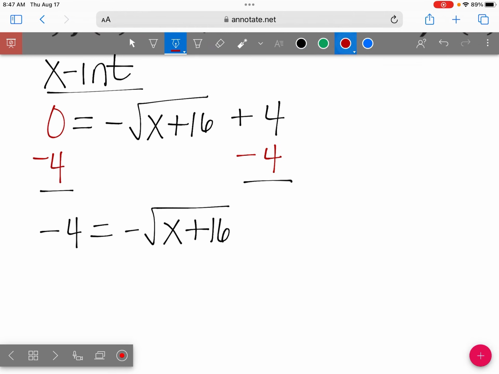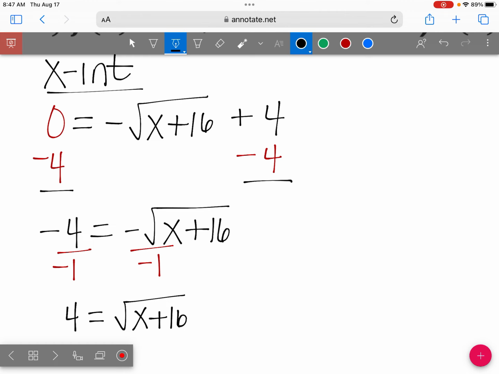And then I'm going to get rid of this negative in front because this is being multiplied by negative 1. So we're going to get rid of this negative 1 by dividing both sides by negative 1. So that would be a positive 4 equals the square root of x plus 16.